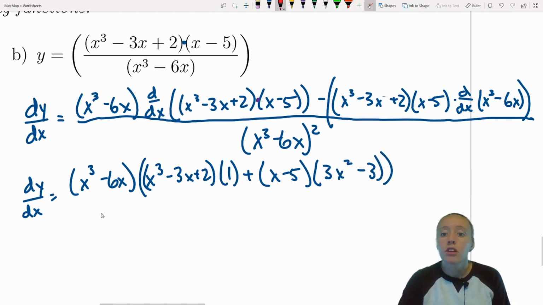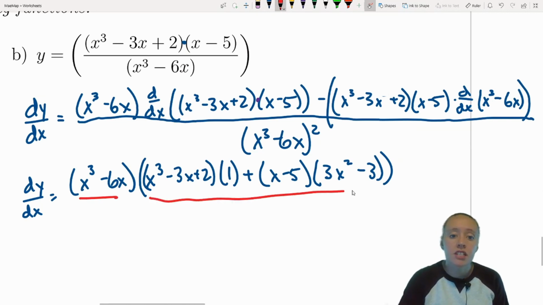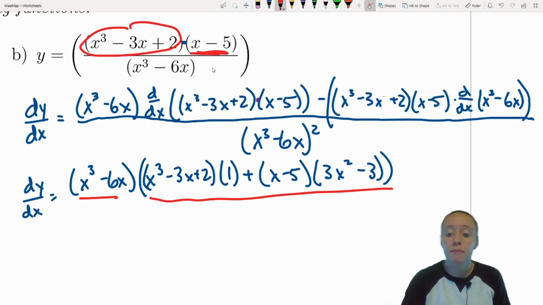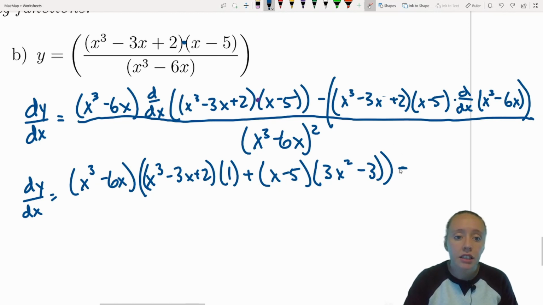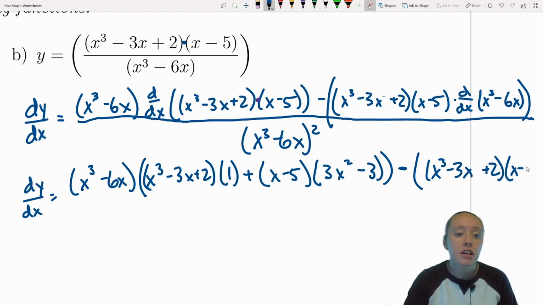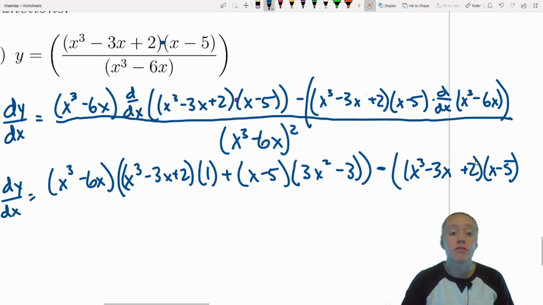So again, low times d high. The derivative of my high was first times the derivative of my second, plus second times the derivative of my first. So that altogether is my low d high, and I have to subtract my high, which is x cubed minus 3x plus 2 times x minus 5, and that gets multiplied by the derivative of my low.